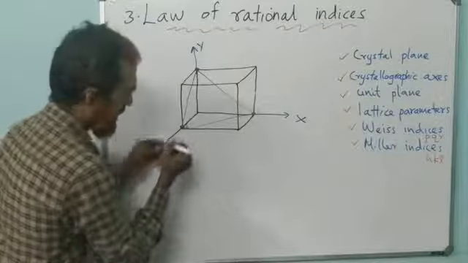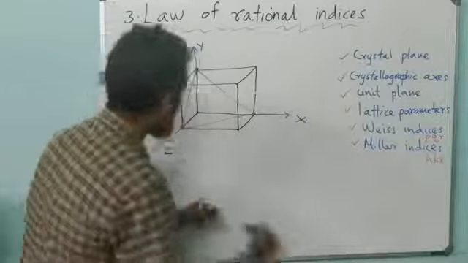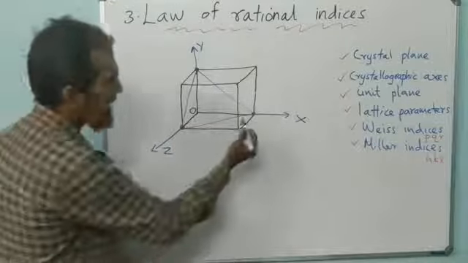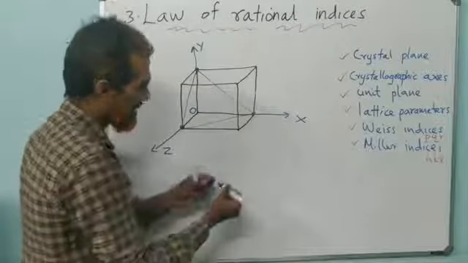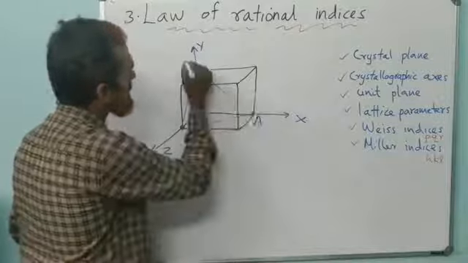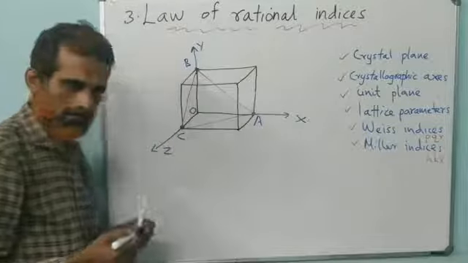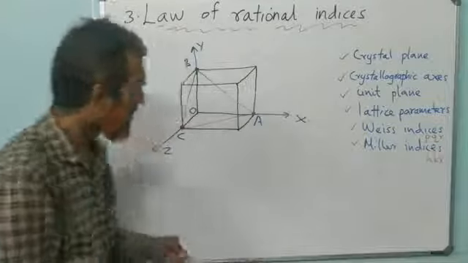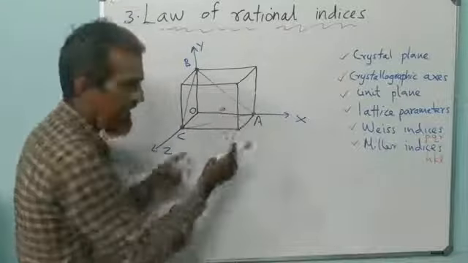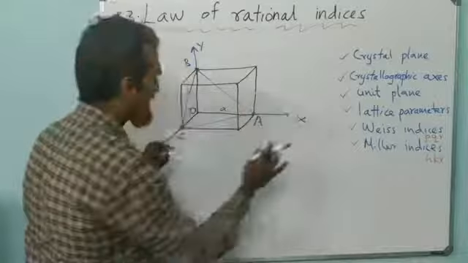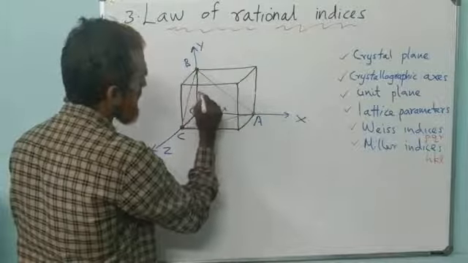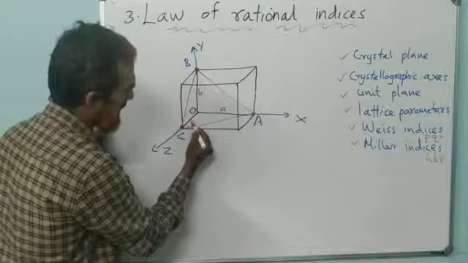Remember, this is the origin. And let me mark this plane as A, B, C. Now, suppose OA is small a, that is the intercept along x-axis. Along y, this length OB is b, OC is c.